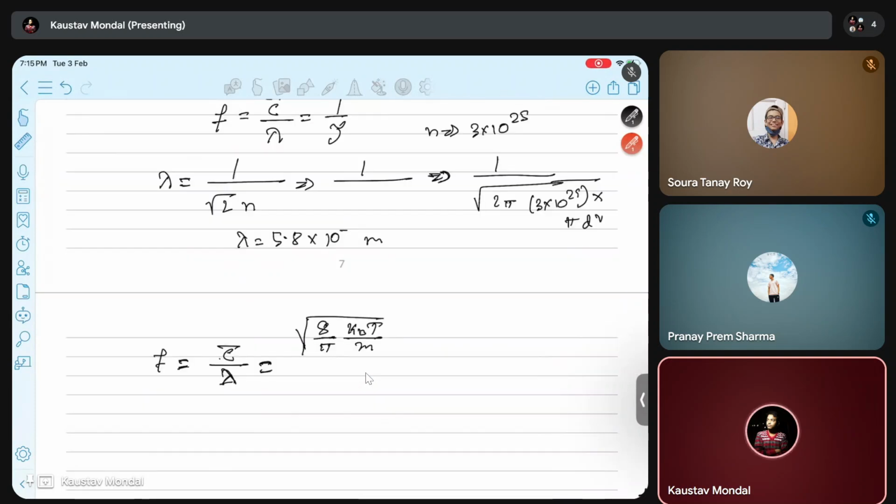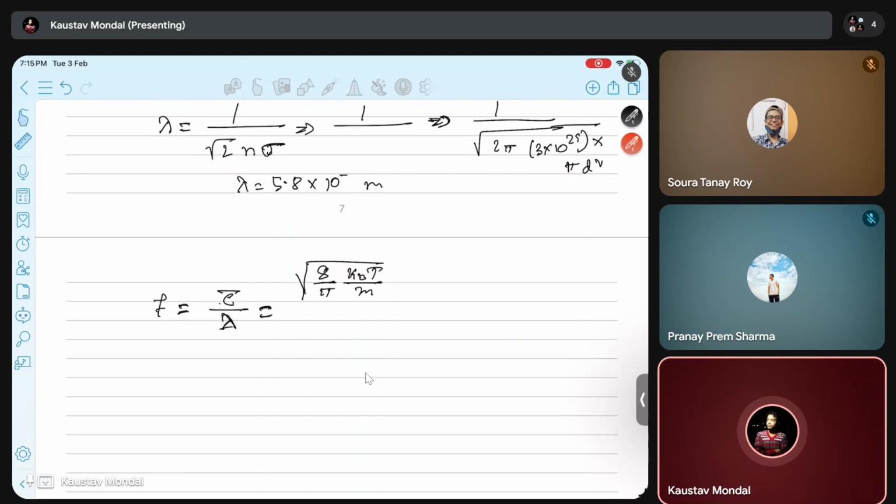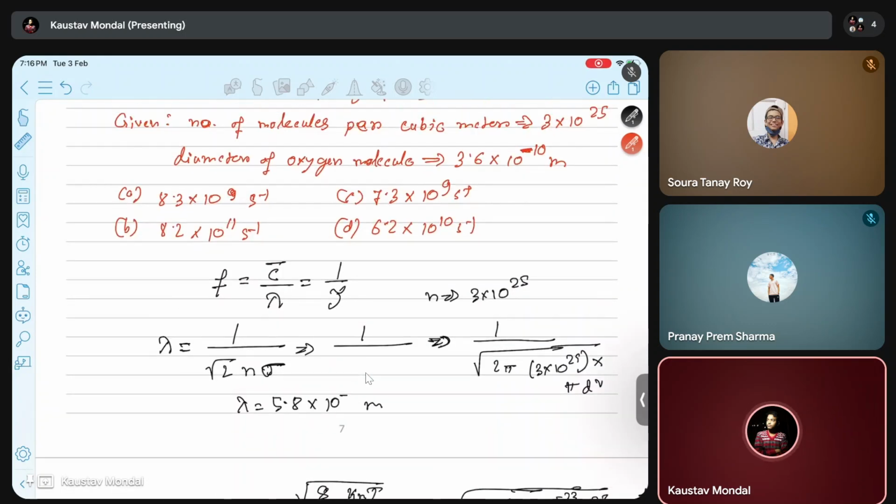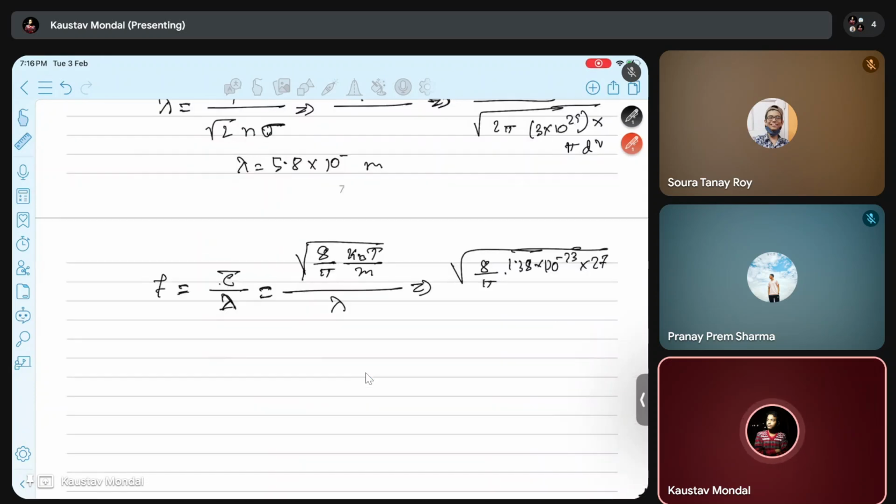So anyway, into lambda. So it would be 8 by pi into kb value 1.38 into 10 to the power minus 23 into, since it's mentioned STP, the temperature is 273 Kelvin, right?